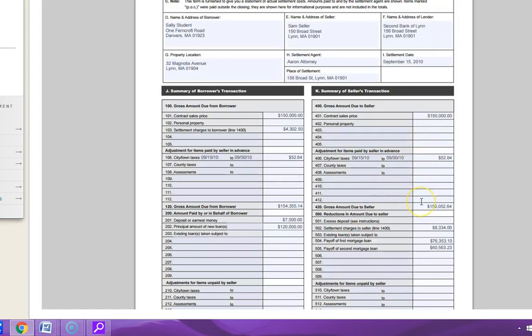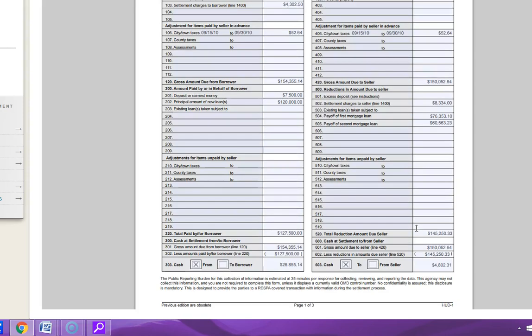Do the same thing on this side. You total up line 401 to 412. You put the total at 420. You total 501 to 519. You put the total at 520. You take your 420 number, you bring it down. You take your 520 number, you bring it down. You subtract them. You put the difference here.